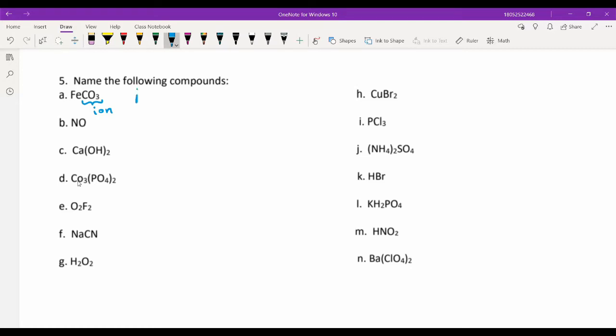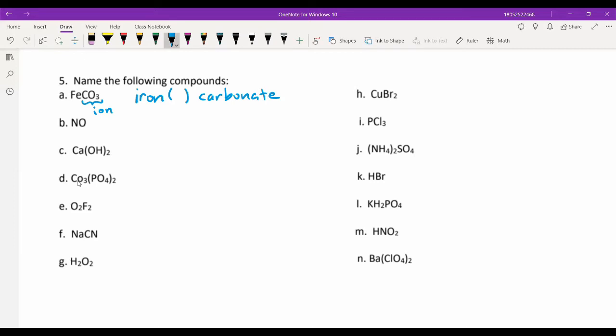So we have iron, which is a metal. This thing is called carbonate, but we can't just say iron carbonate because we're missing the charge on the iron. If it's a transition metal, that's when we generally need this charge in Roman numerals. So that's one of the criteria with ionic compounds: determining if you need to put the charge or not.